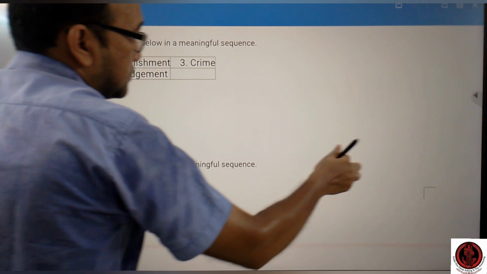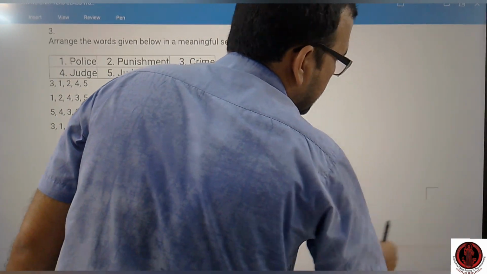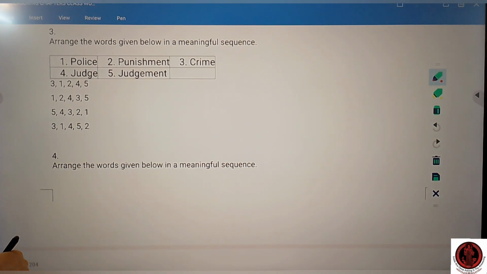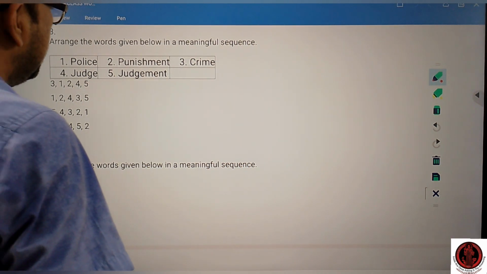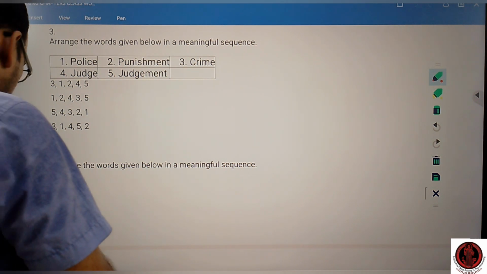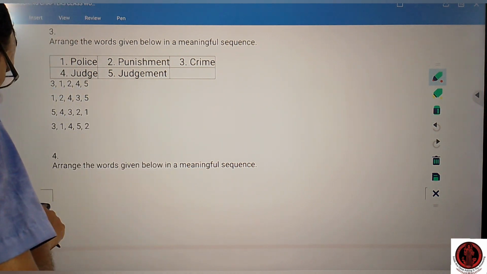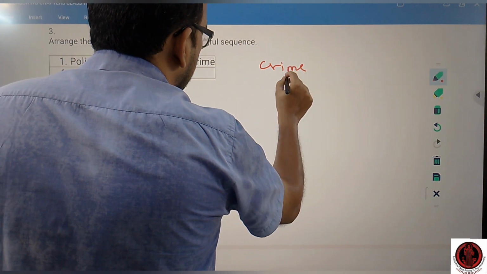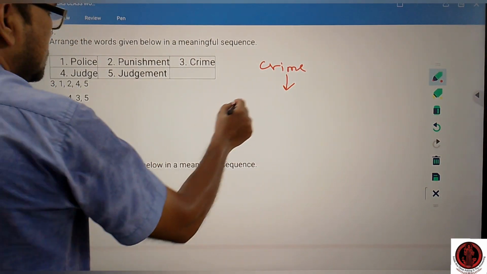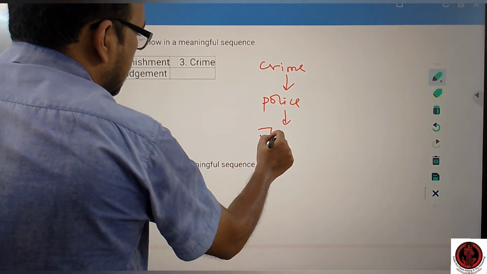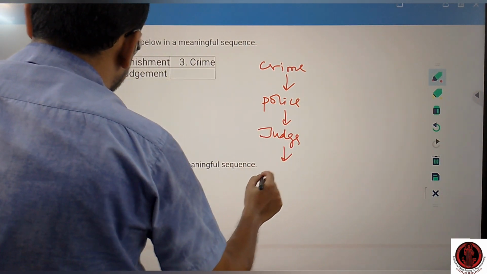Next. Question number 3. The words are police, punishment, crime, judge, judgment. So first you have to do the crime. Then police is there. After that the judge is there.